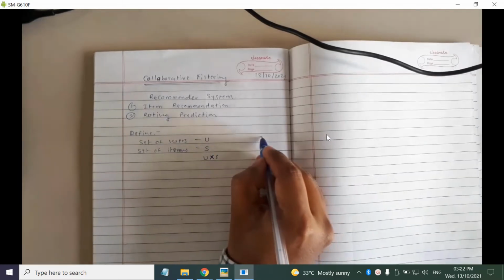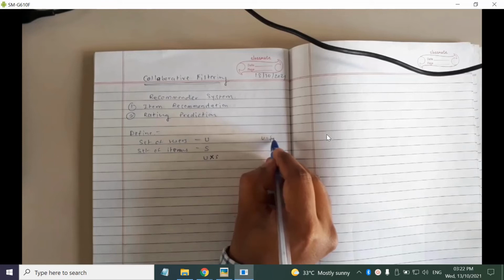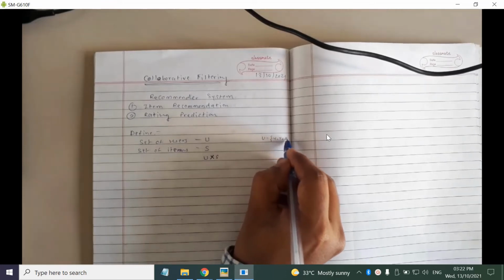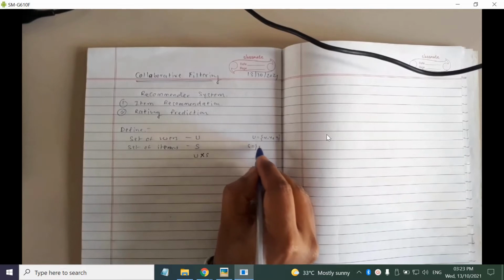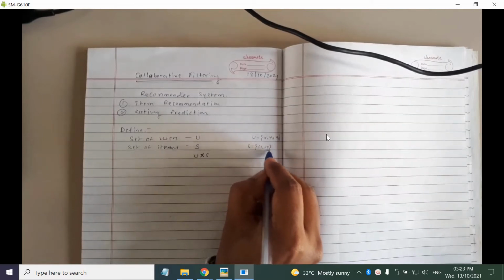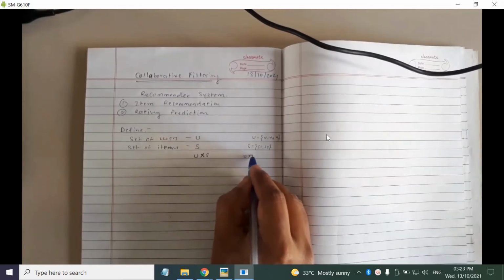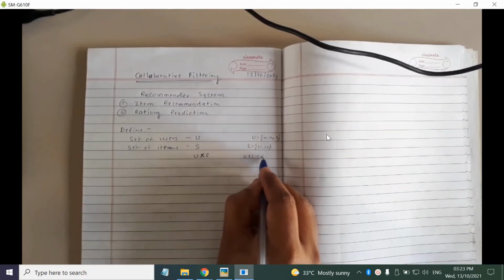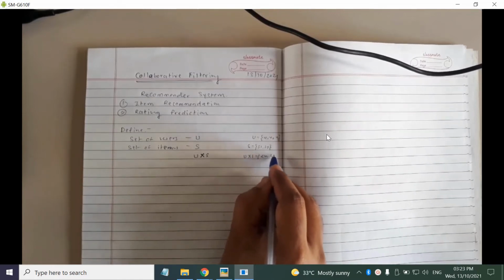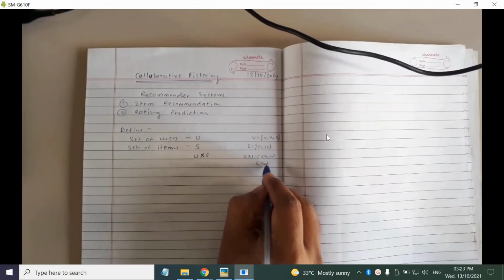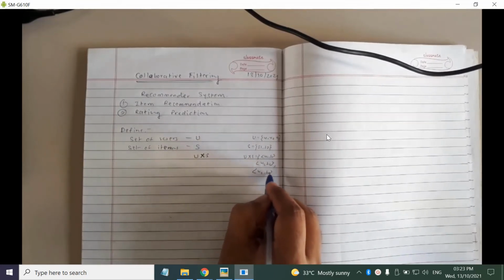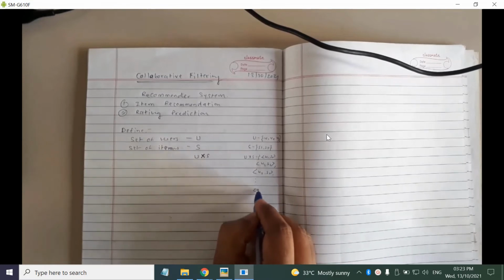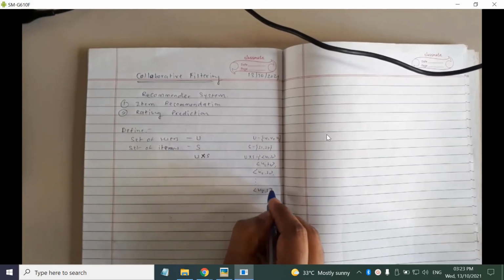So if I have U equals U1, U2 and U3, 3 users, and 2 items, let's say S1 and S2, U cross S will have these pairs: U1, S1; U1, S2; U2, S1; and so on, and lastly U3, S2.